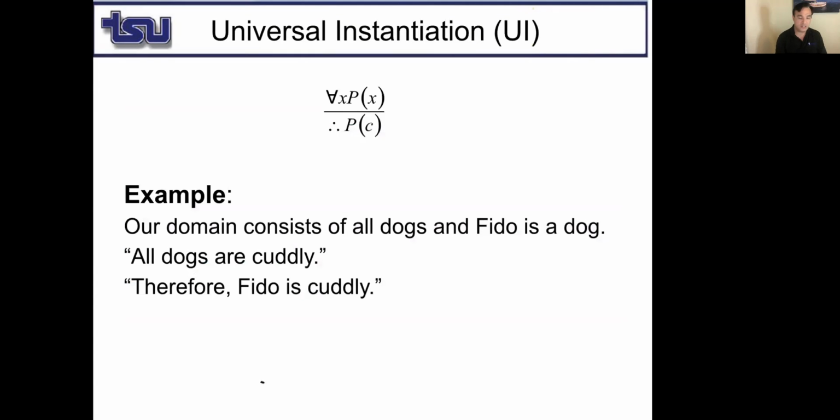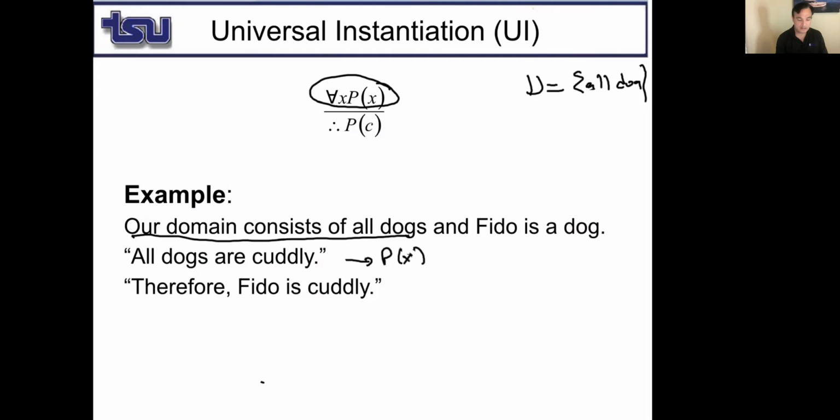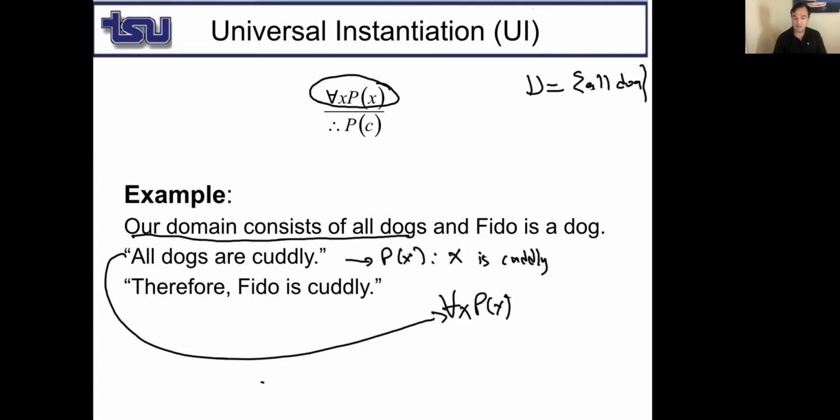For example, think about our domain to be all dogs, the set of all dogs. And by the way, P(x) is x is cuddly, okay? For every x, P(x) means all dogs are cuddly, right?